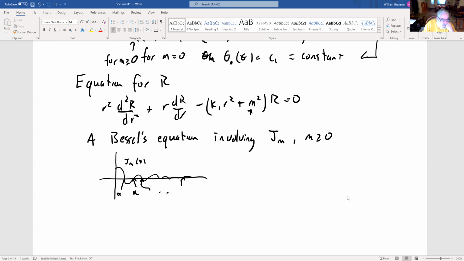And this is alpha m1, so it's the first positive root of the mth function. This is alpha m2, and then this one would be alpha m3, right? The third positive root of the mth function. And then this is alpha mn, which is the nth positive root of Jm.